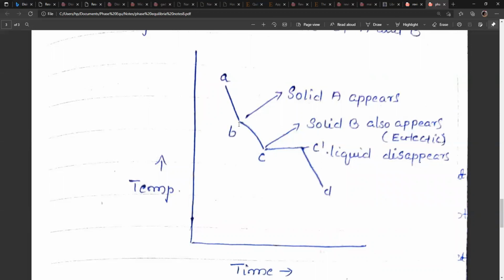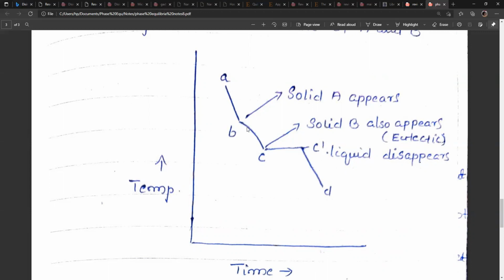When the temperature corresponding to point B is reached, solid A, the major solid, begins to separate. Then it follows a curve like the simple eutectic curve, that is BC. Then the temperature decreases.